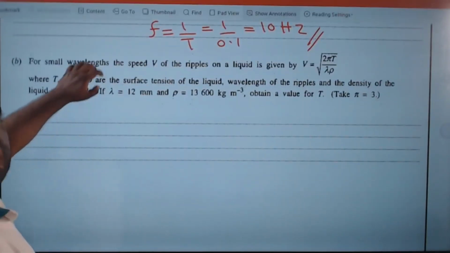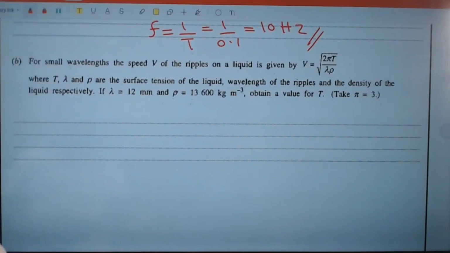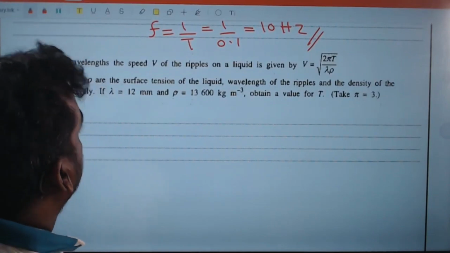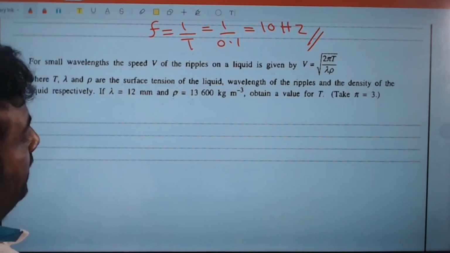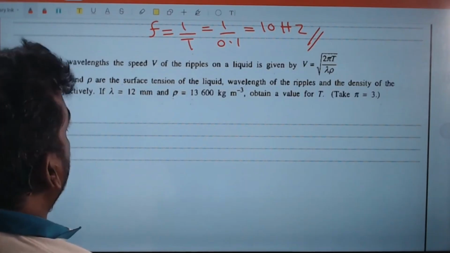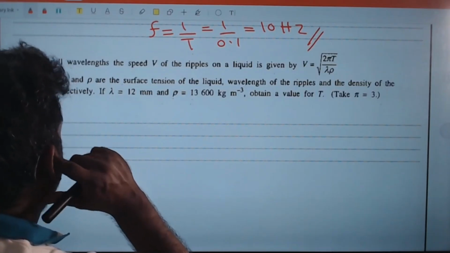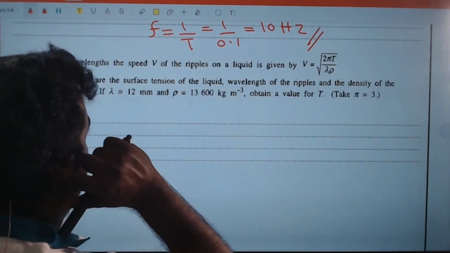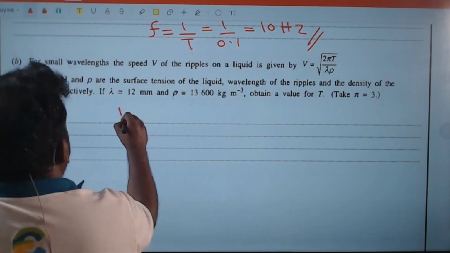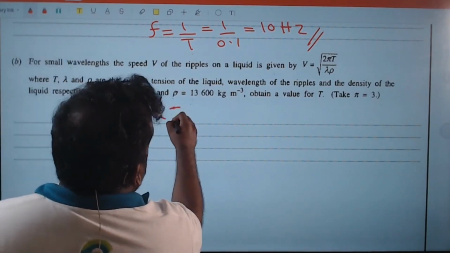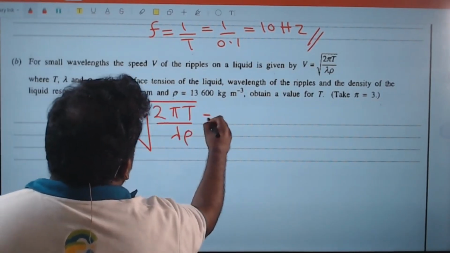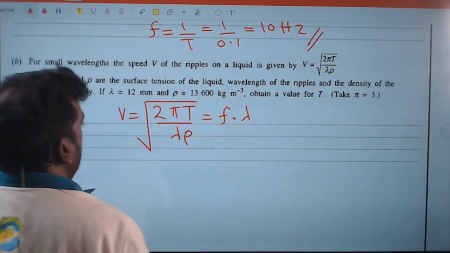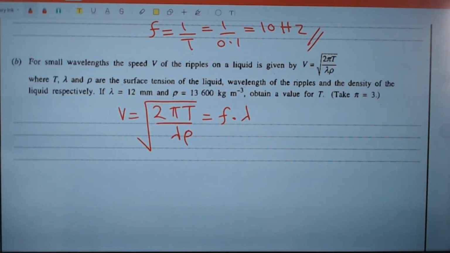For small wavelengths, the speed v of the ripples on the liquid is given, where T, lambda, rho are the surface tension, wavelength of ripples and density of the liquid. If lambda is 12 millimeter and rho is 13,600, obtain the value for T. So v is equal to the square root of 2 pi T over lambda rho, which is the same as f lambda.